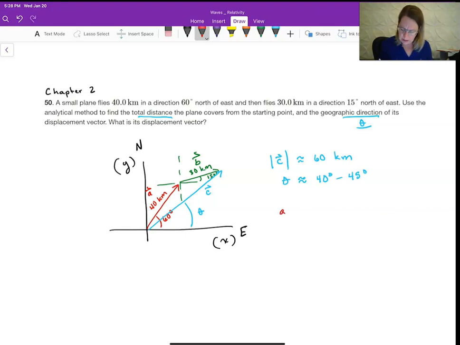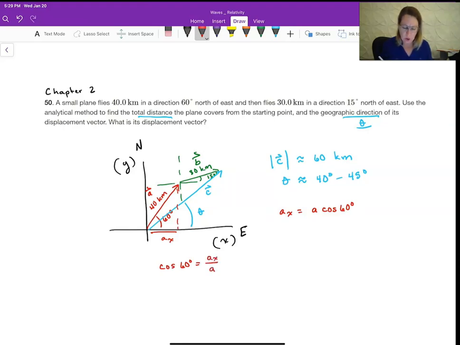We say ax is going to be equal to the magnitude of a, that is our 40 kilometers, times, looking at this angle, the x part, ax is the adjacent one, so it's going to be a cosine of 60 degrees, because cosine of 60 degrees is adjacent over hypotenuse.